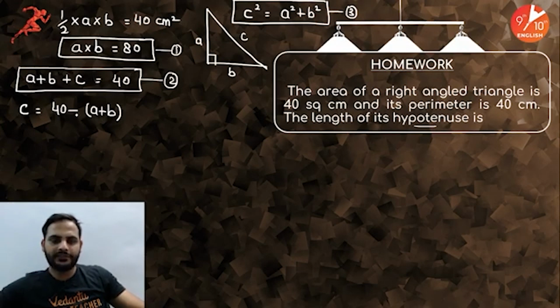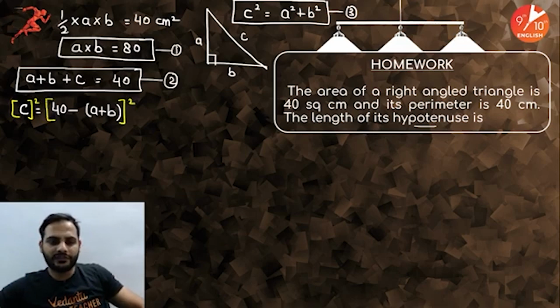Okay. Next thing to do? Here we have C, and here we have 40 minus A plus B. I have one equation in the form of C square. So let us create C square, and that we can do by squaring both the sides of the equation.